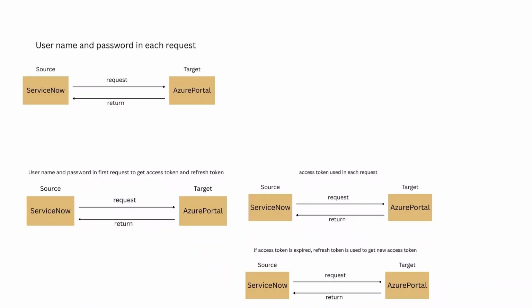If they match, they will let you into the application and you can access your Facebook details. And if the password or user ID is incorrect, they will tell you that it is incorrect, you are not authorized to access. So this is called basic authentication. Basic authentication is what we are using in most of the cases.